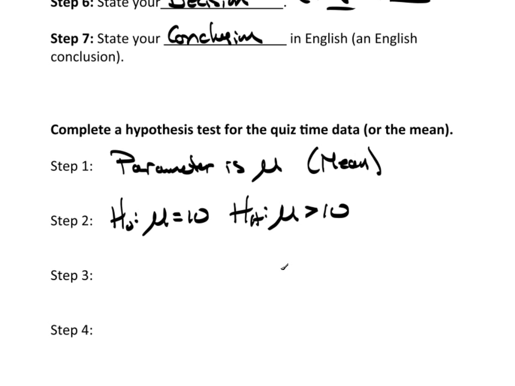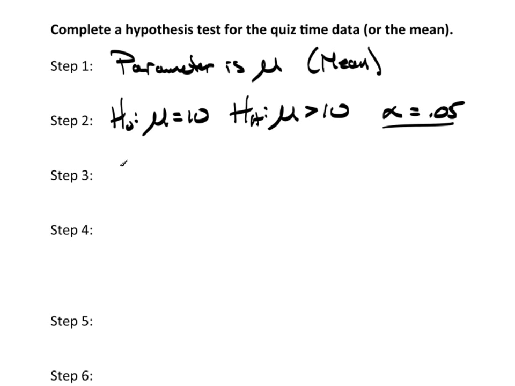Now also, we need to state the significance level. So I'm going to slip that in here. Alpha, it didn't say in the problem, so as a general rule of thumb, we use 0.05. Now the test statistic that we want to use is a t. We want to use a t-test.